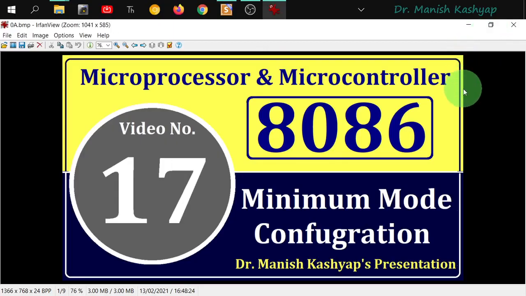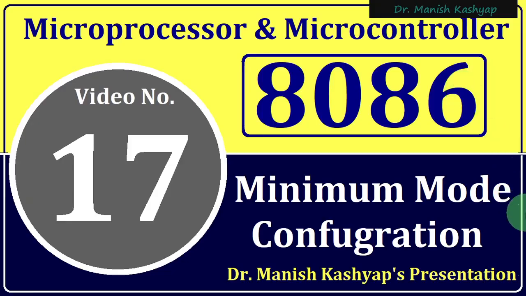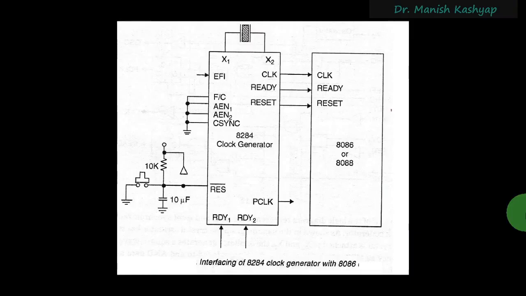In today's class, let me first give you a brief overview of how we are going to study this complete minimum mode. First of all, we will study the basic components required to start a microprocessor. Definitely there is the 8284 clock generator, because once a clock has been interfaced to the microprocessor together with the power supply, the microprocessor will start its operation, right?